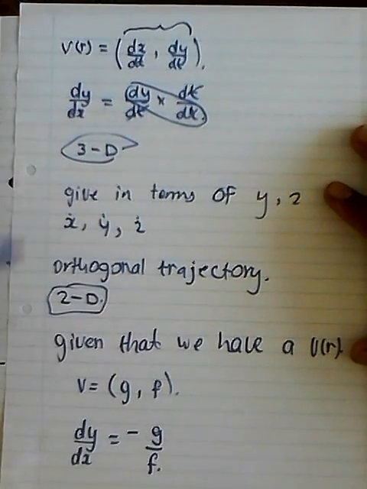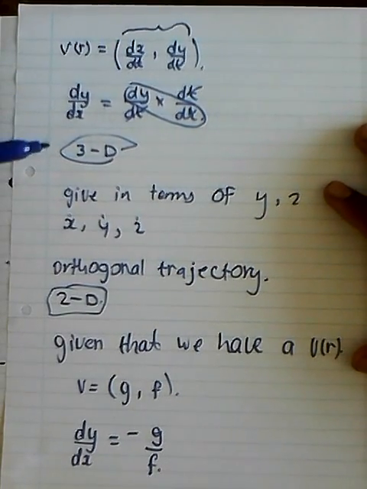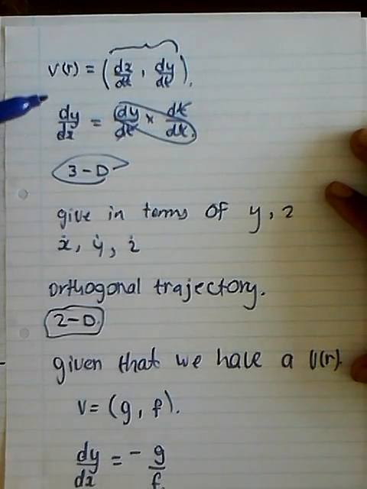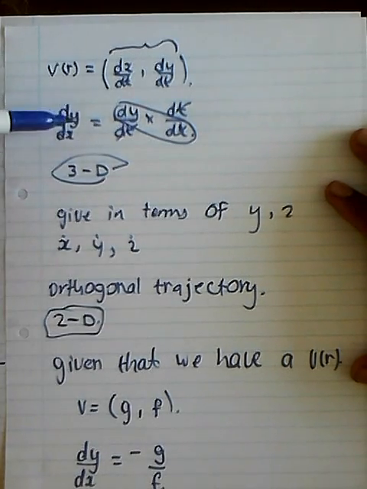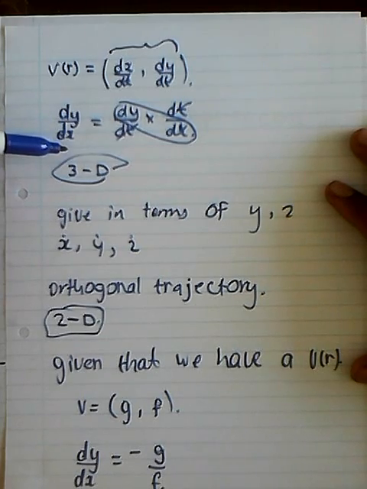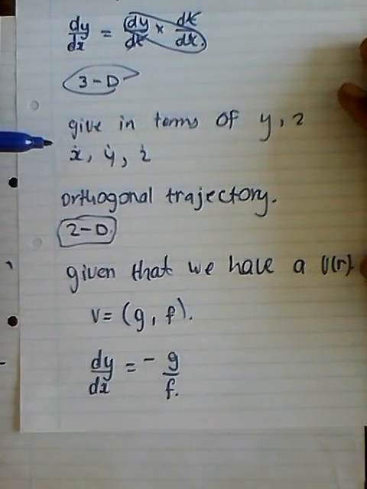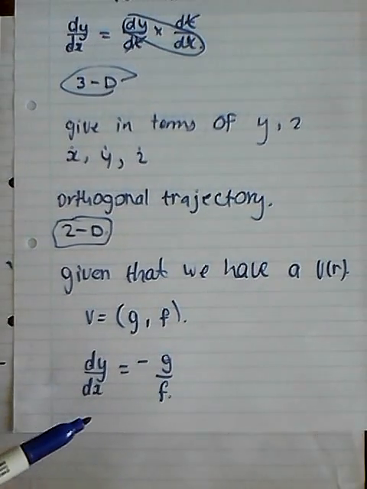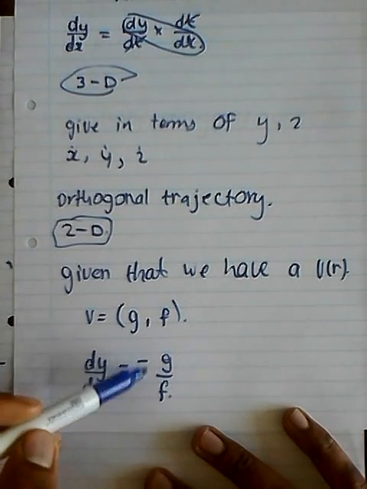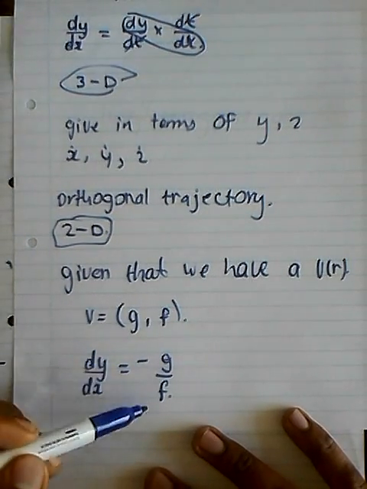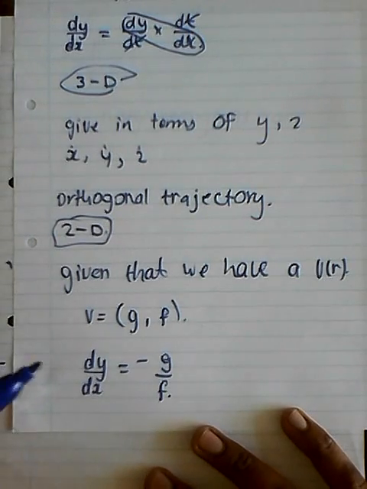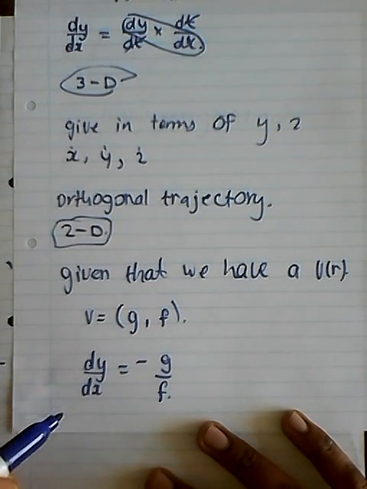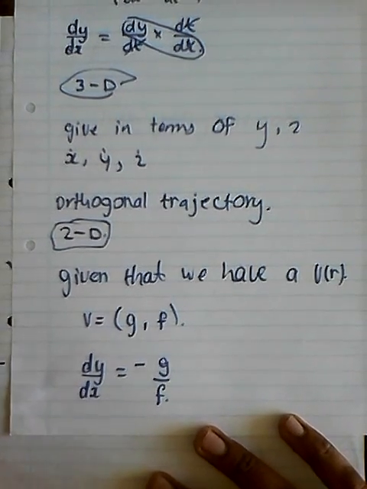Note that when we determine the trajectory, we solve for dy over dx, but when we determine the orthogonal trajectories, there is a negative sign in front of it.